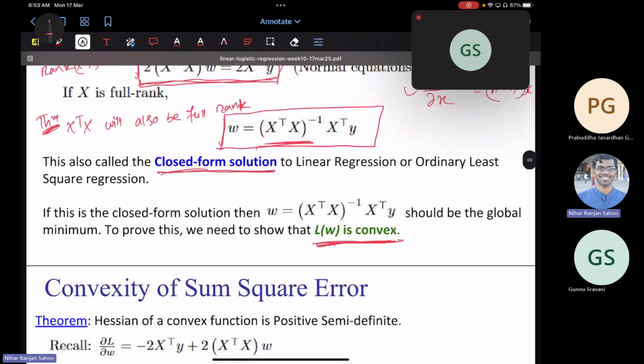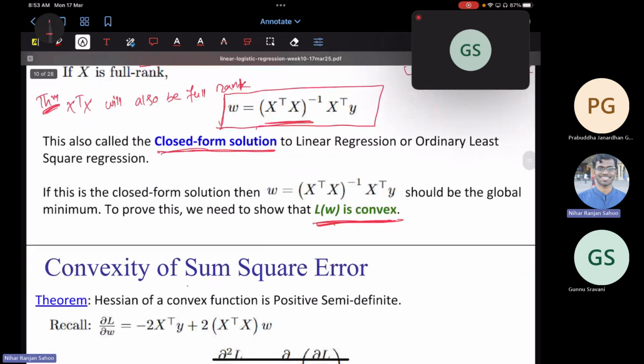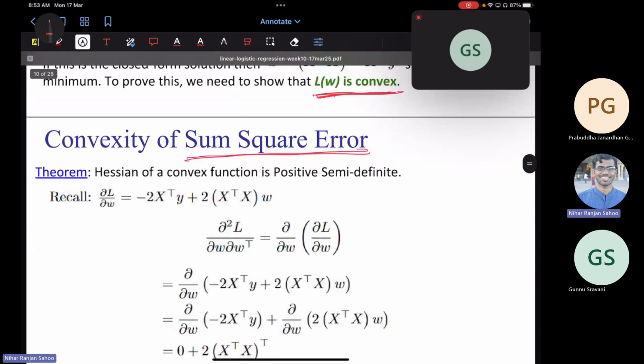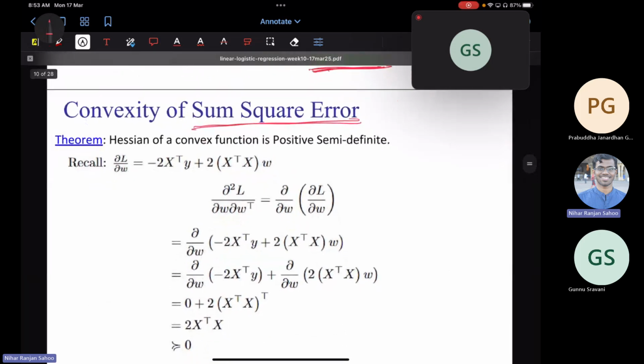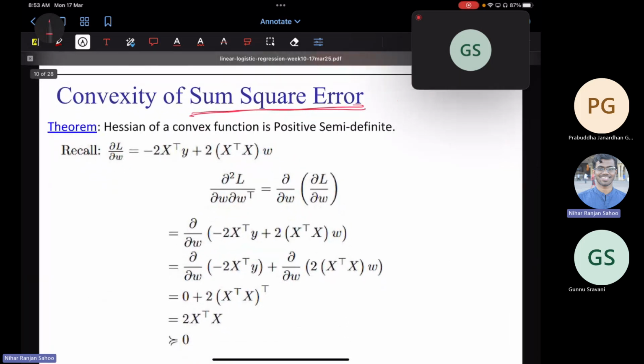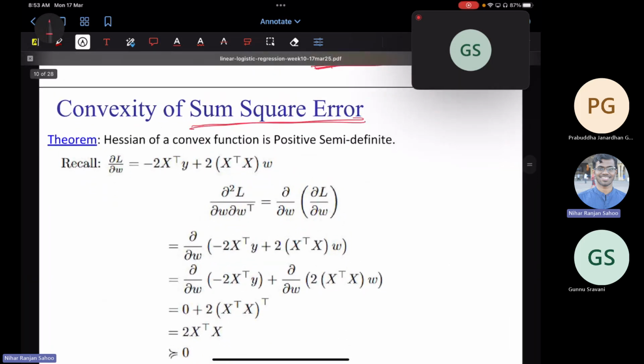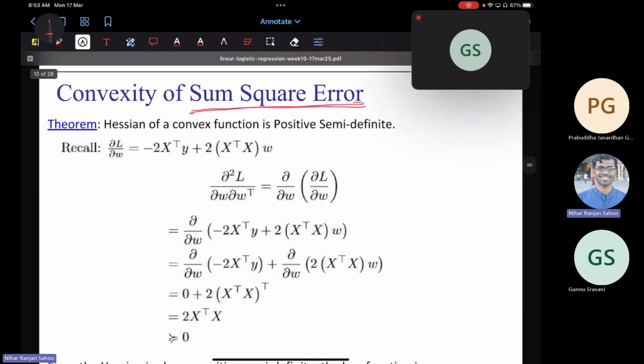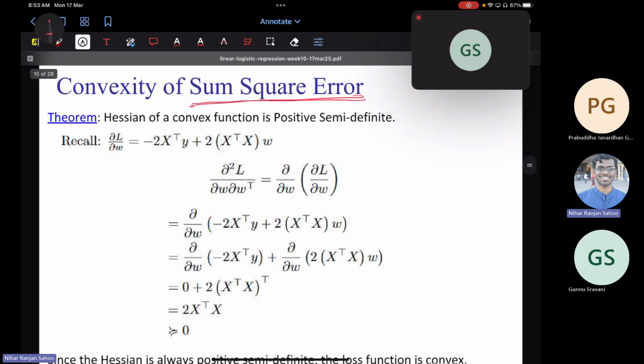So let's see whether the sum squared error, whatever loss function we have used, is convex or not. For this, I'll use some concepts of convex optimization. If you don't know them, just skip it; if you take a convex optimization course from the CS department, you will definitely understand these concepts.